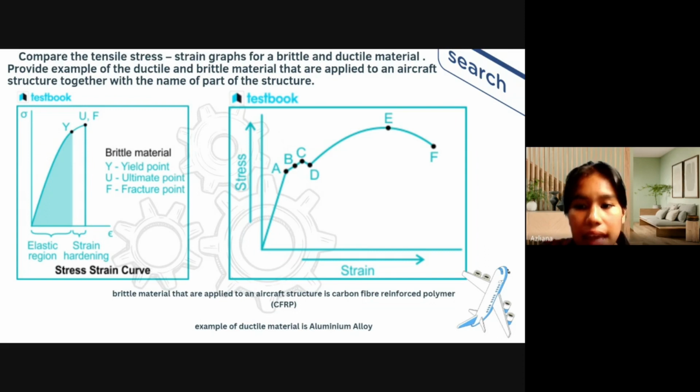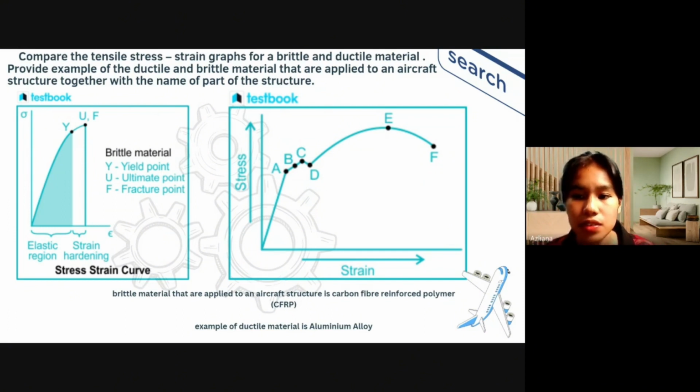At the elastic region, brittle materials indicate elastic deformation in the initial phase of the stress strain curve. This section manifests as linear behavior, and the material regains its shape after the load is removed. The stress strain relationship during this section complies with Hooke's law. Next, the yield point.